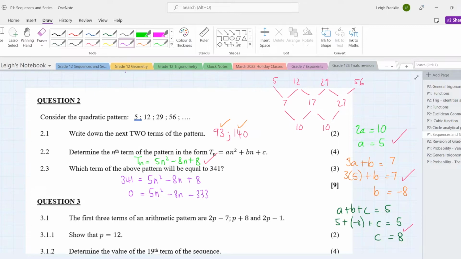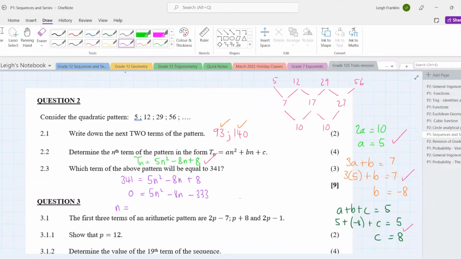So what should we use to help us in this situation? The quadratic formula. Yeah, the quadratic formula. If we use the quadratic formula, we have to show that we've subbed into it. We absolutely have to show that. So we're not going to write x equals, we're going to write n equals, because that's what we're calculating.